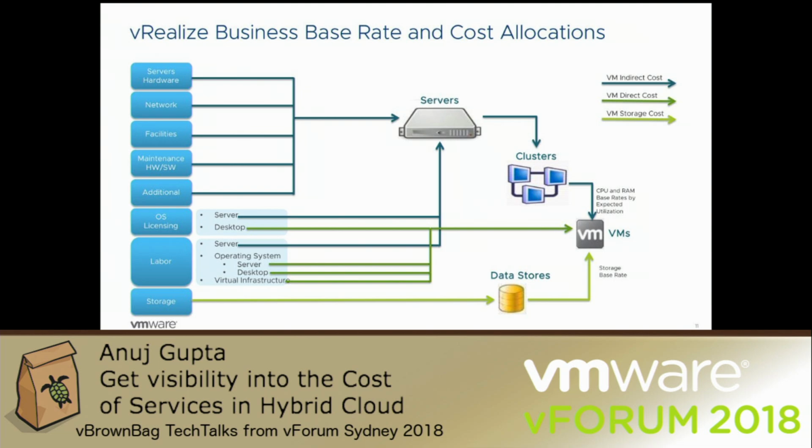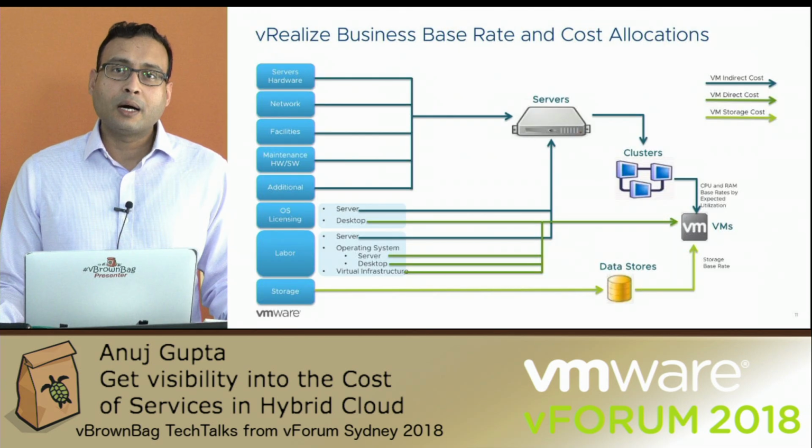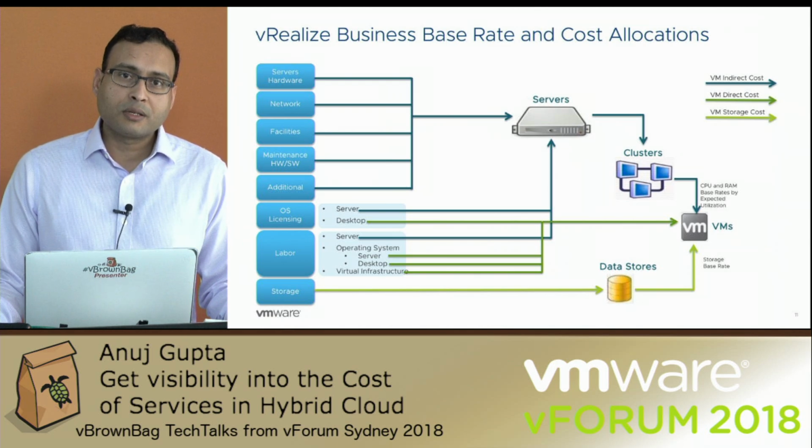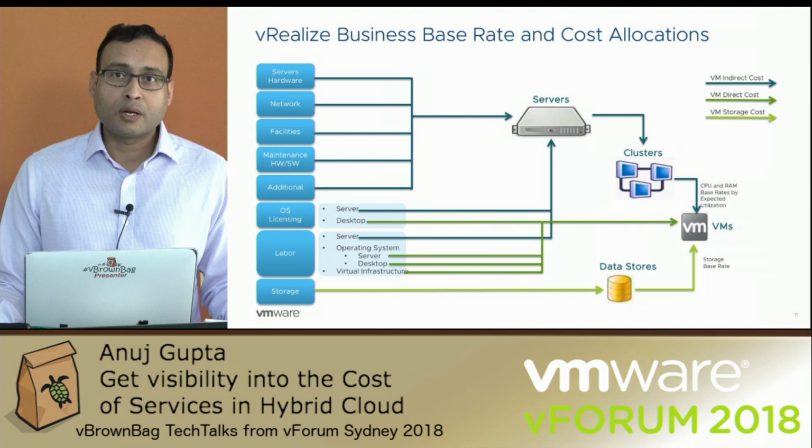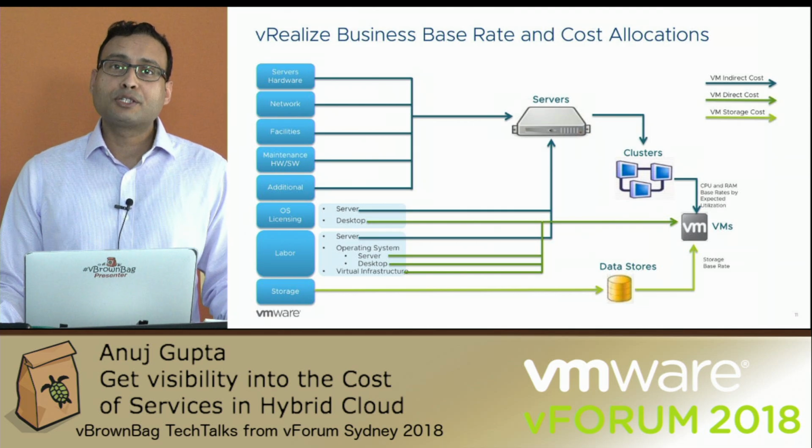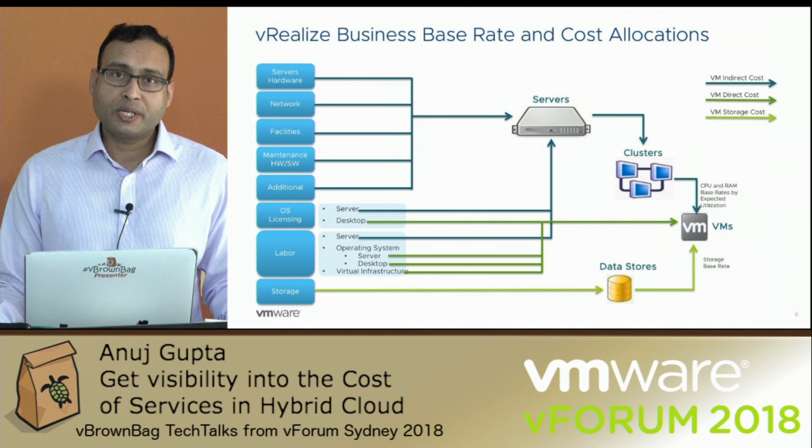So we first calculate the cost of a single hardware with all the cost drivers in it. We eventually calculate the cost of a cluster, and we drill down to creating the base rate for CPU and memory. Once we know the base rate for CPU and memory, it's really easy to calculate at least the highest cost of a virtual machine based on its configuration. Now the other components, which are the direct costs, like operating system license or application license or the labor associated with the virtual machine, are additional direct costs for the virtual machine.